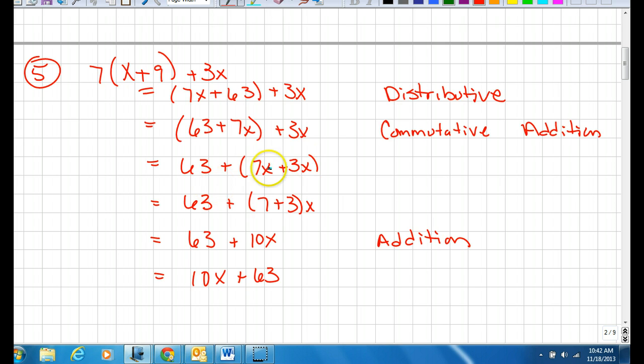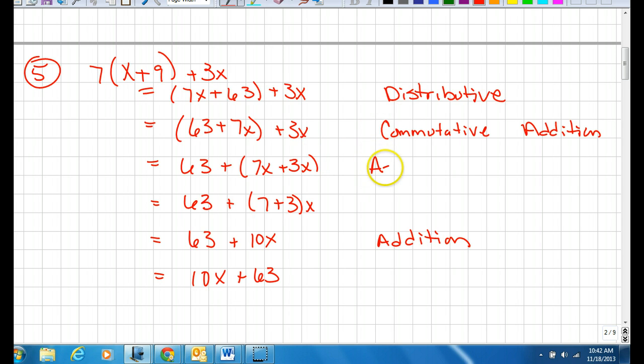And then the next part, what changes from here to here? I'm sorry, I couldn't hear you. Yes, associative, because on this first one, 7x is associating with 63 by the parentheses. And then on the next one, the parentheses move and make 7x with 3x together.